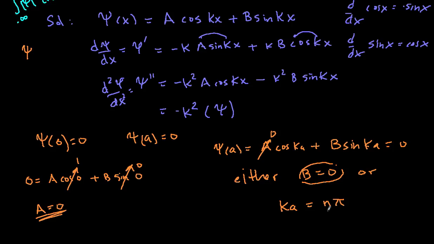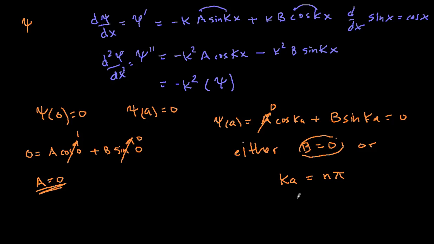Okay, so we've now set up the situation so that our solutions are such that k times a equals n times pi.